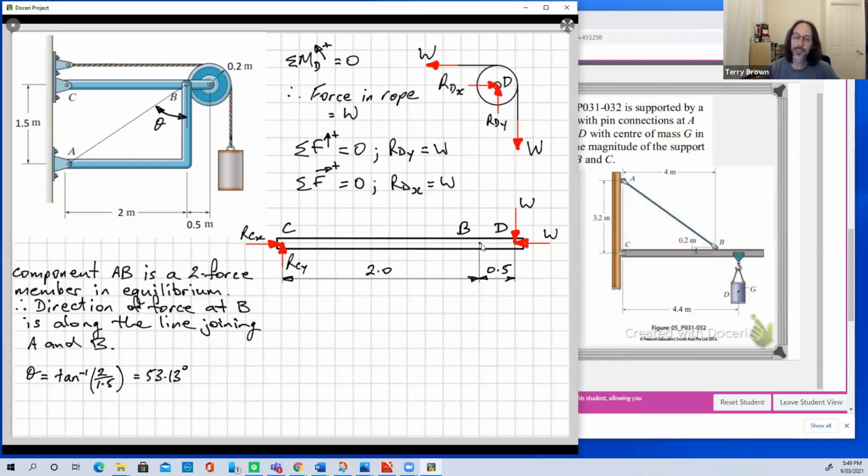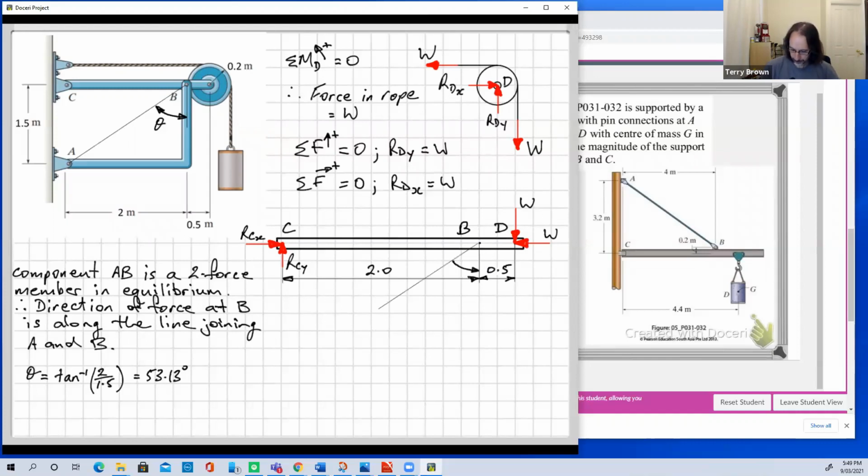So in order for this to be in equilibrium, you've got to have a force pushing up to the right at B. So the vertical component of the force at B must be acting in the upward sense.